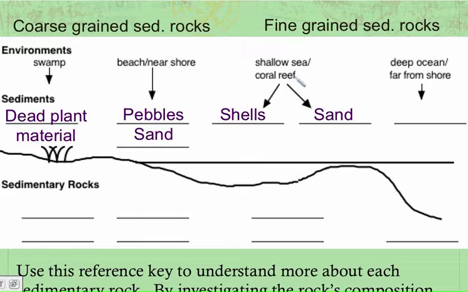In a shallow sea or coral reef, now we're getting out a little bit farther, so we don't have as big of materials. We can't hold the pebbles with the current out further in the sea. But because we're in the coral reef environment, shells come into play. So that coquina is a possibility, as is a rock called shell limestone.